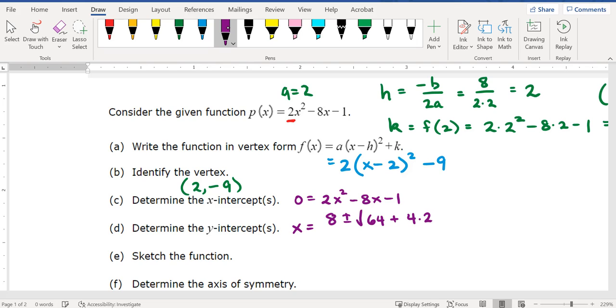So this can become plus 8, all over 2 times a, which is 2 times 2, which is 4. So I get x equals 8 plus or minus the square root of 64 plus 8. And 64 plus 8 is 72.